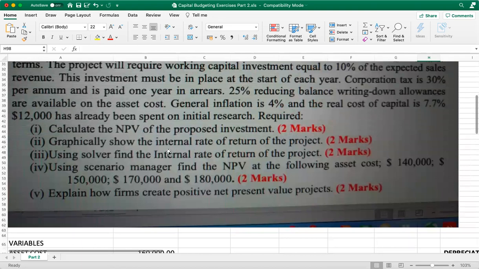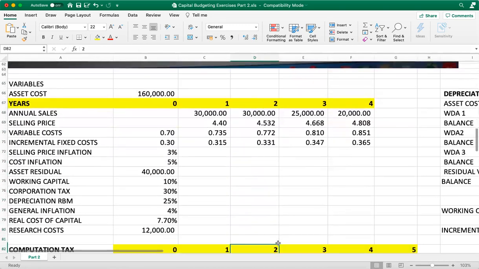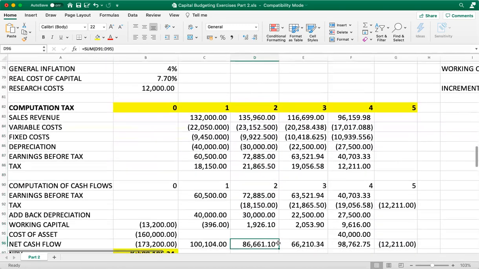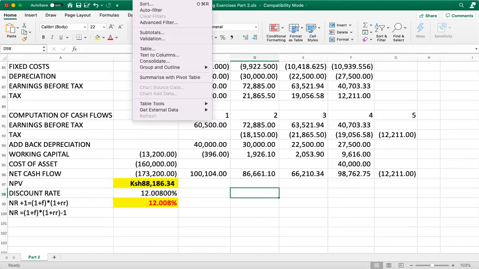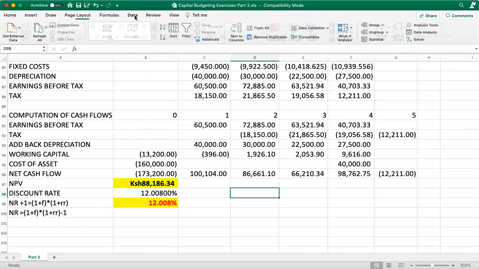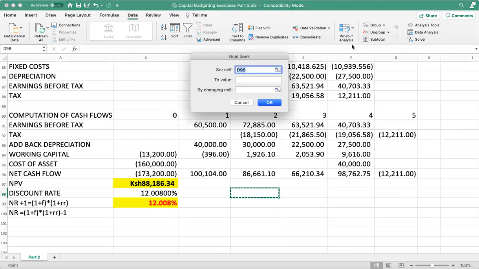The second part is to show the internal rate of return of this project. Now, we can tell the internal rate of return of this project using goal-seek. So first of all, let's go to goal-seek. So you go to data, and then you will see what-if on your right. So what-if, click on goal-seek.